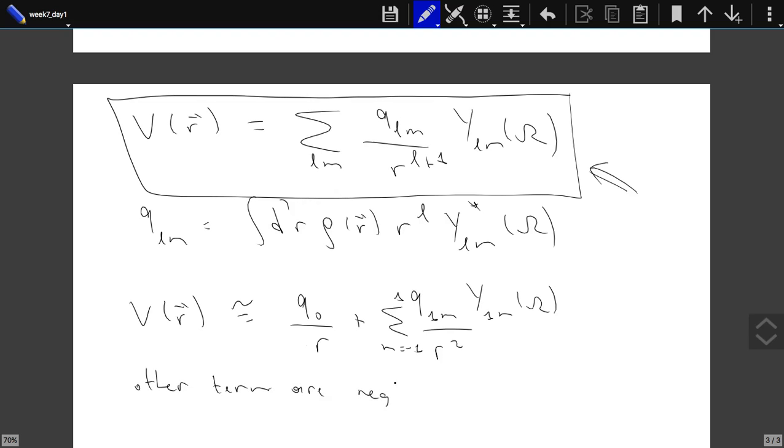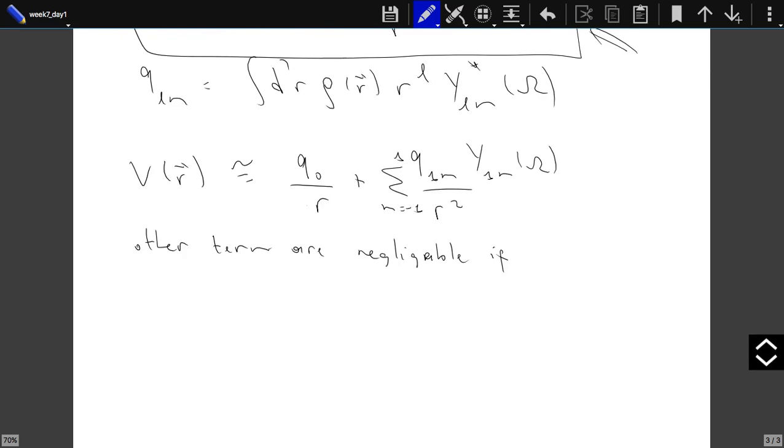For some reason, the other neglected terms have to be small, so you have to argue that. One possibility is that small r is much larger than the size of your charge distribution. Let's say d over r is much less than 1.